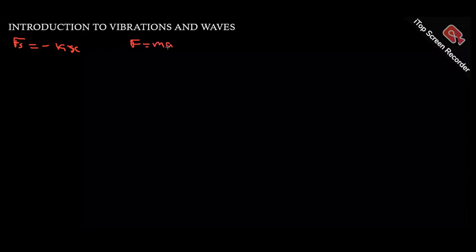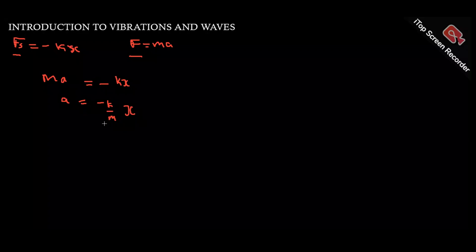This is from grade 12, so I bet you know about this one. Since both are force, we can equate these two so that we have ma is equal to -kx. We want to make a the subject, so we divide by m and we remain with a = -kx/m. This is the formula we're going to be using to calculate the acceleration in a spring.